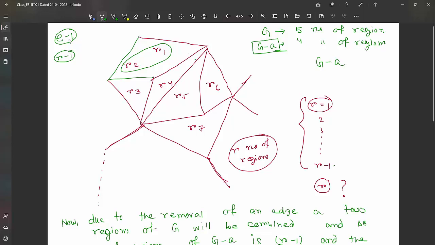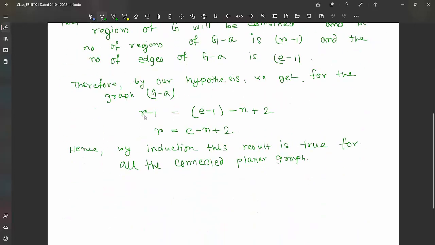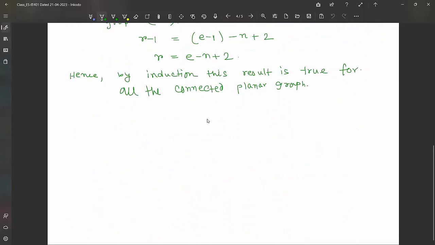So now your new E is E minus 1 and new R is R minus 1, and since the number of regions is R minus 1, that means you can apply the previous hypothesis now, because this hypothesis is true for any number of regions less than R. So that's why we use the hypothesis with R minus 1 and E minus 1, and then you can see that again R is equal to E minus n plus 2. So by this induction method, we can say that this result is true for all connected planar graphs, and this is a very important theorem. Okay, now if you have any doubt or any queries, you can ask.